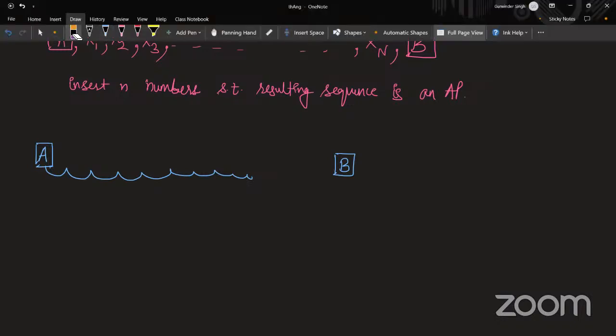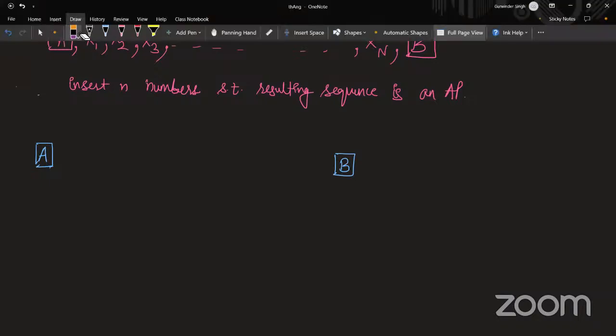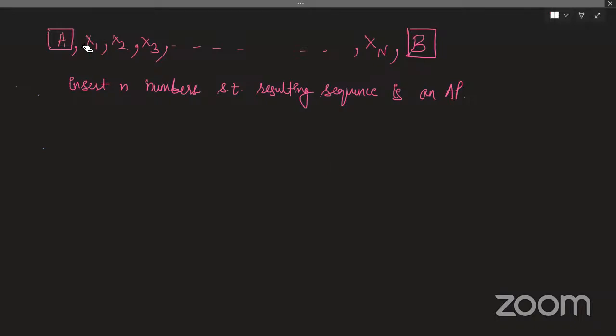The distance between A and x1, x1 and x2, x2 and x3, x3 and x4, similarly xn and B. So the total distance between A and B gets divided into n plus 1 parts.